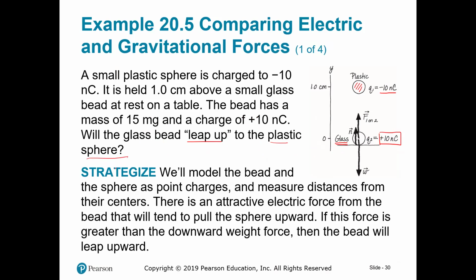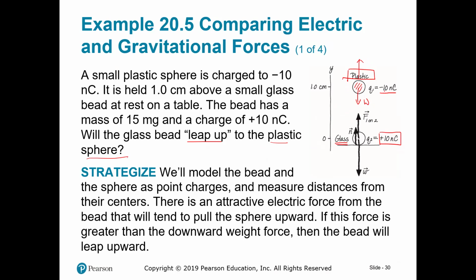So now we are interested in the net force acting on this plastic sphere. What forces are acting on this plastic sphere? There are actually 2 forces, right? One is the weight of this plastic sphere. Weight is simply mg, right? And what else force is acting on the plastic is the electrical force, right?